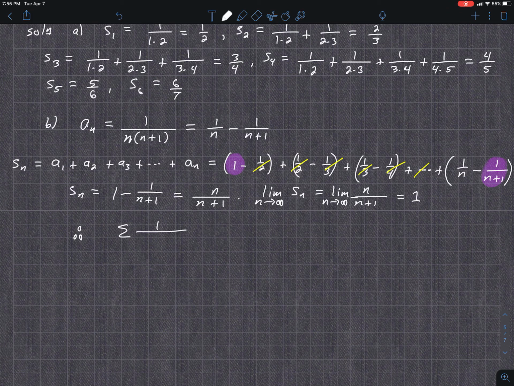So therefore, the series, as it was defined originally, 1 over n times n plus 1, converges and has sum of 1.